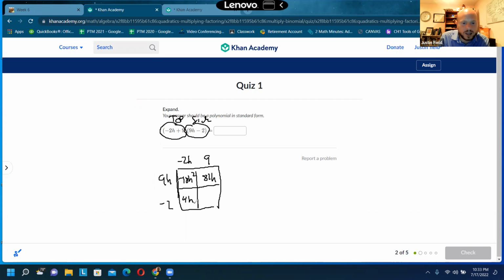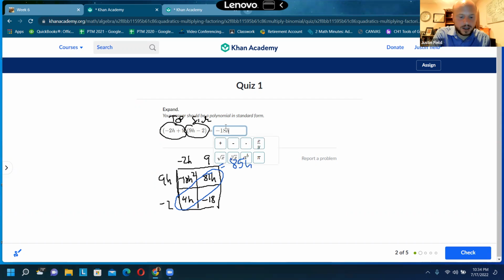And then this one is negative 2 and 9, which is negative 18. Notice something, these are like terms. Do you notice that? So 81 and 4 is 85. So my final answer is negative 18h squared plus 85h minus 18.